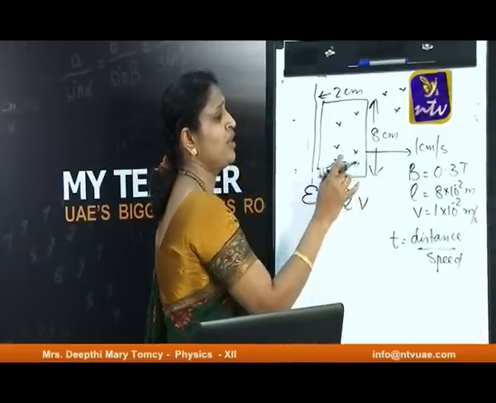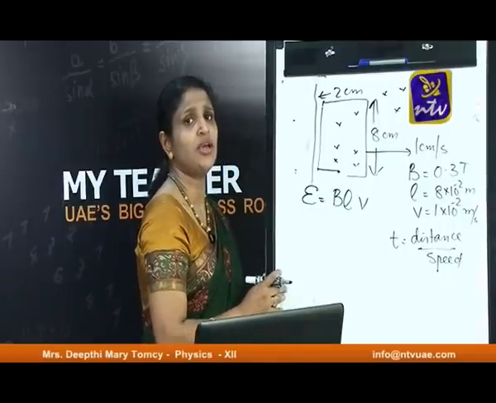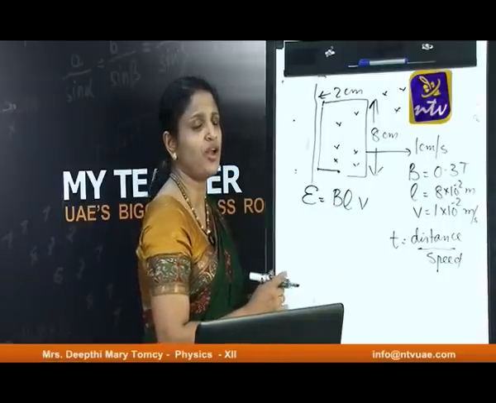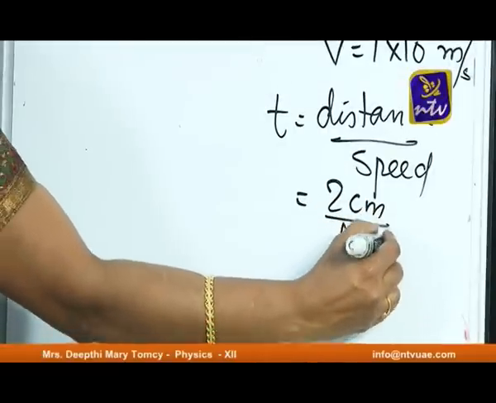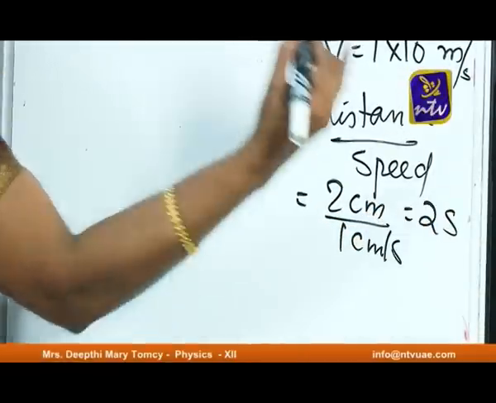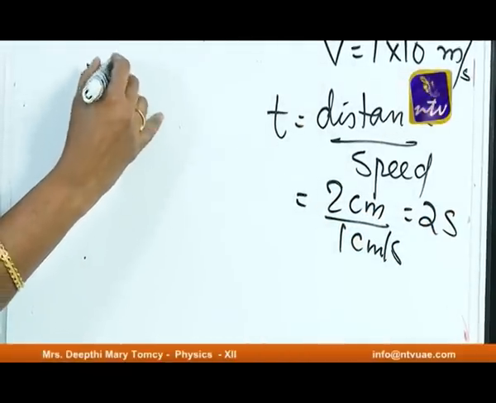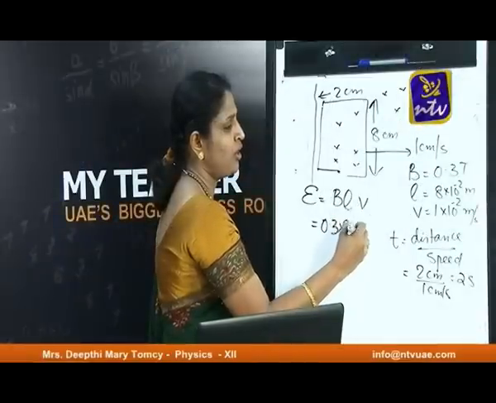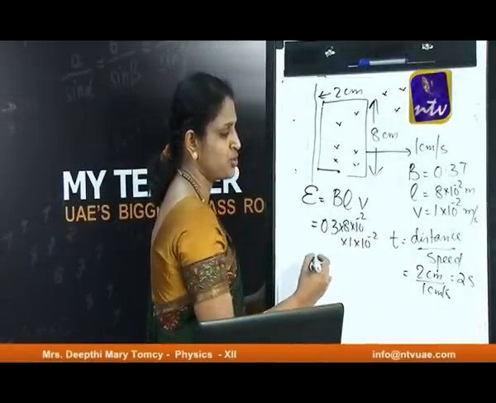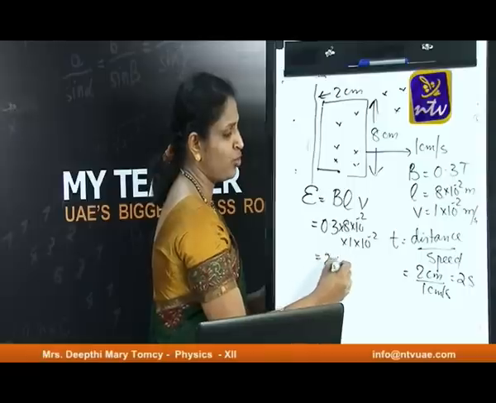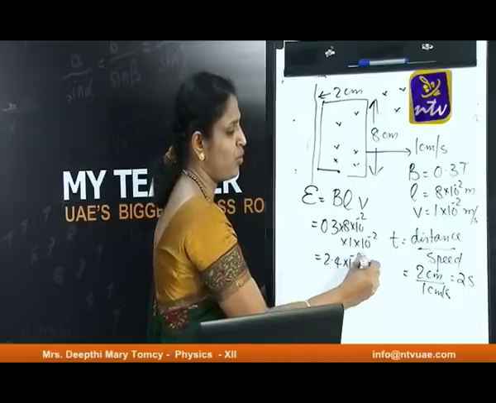When you are moving the longer side, the EMF lasts only for a duration of 2 centimeter divided by 1 centimeter per second, which is equal to 2 seconds. The EMF induced is equal to 0.3 into 8 into 10 raised to minus 2 into 1 into 10 raised to minus 2. Thus we get 2.4 into 10 to the minus 4 volt.